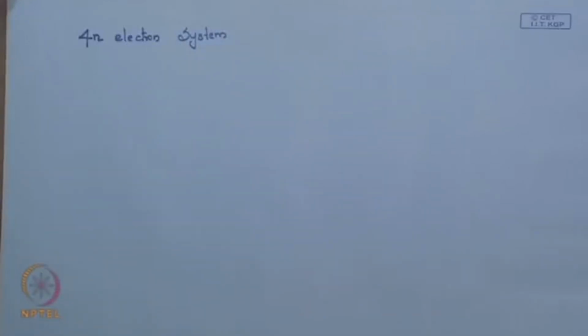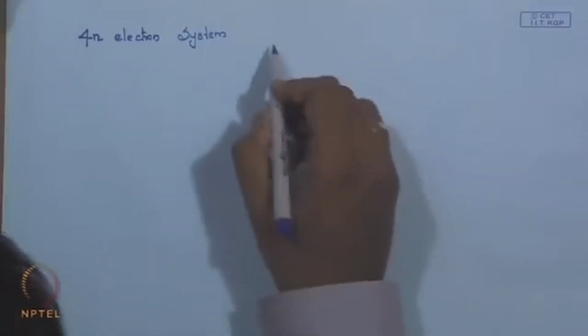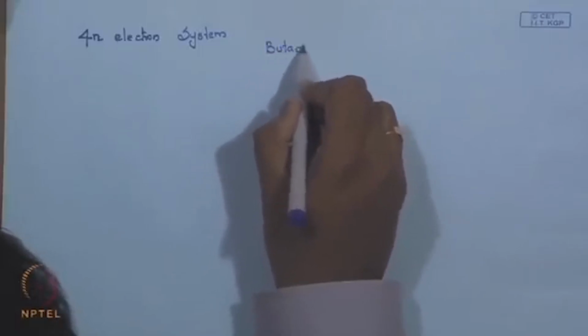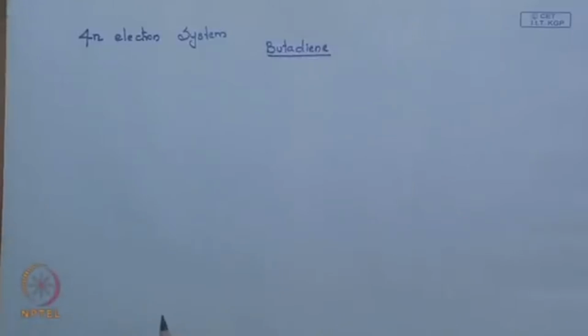Okay, we'll take the simplest 4n electron system. Yes, your butadiene. Now we will try to understand how in butadiene we can think about this dis and con rotation.